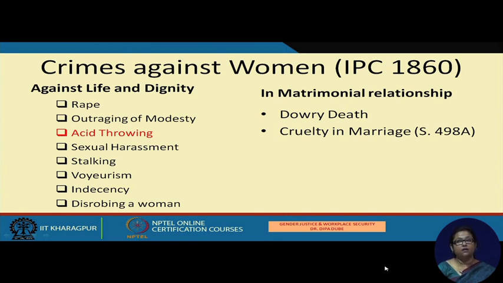One, which is against the life and dignity of a woman. These offences are essentially gender specific offences where a woman is the victim, as it has been construed under the law, and it essentially affects the life and dignity of the individual.